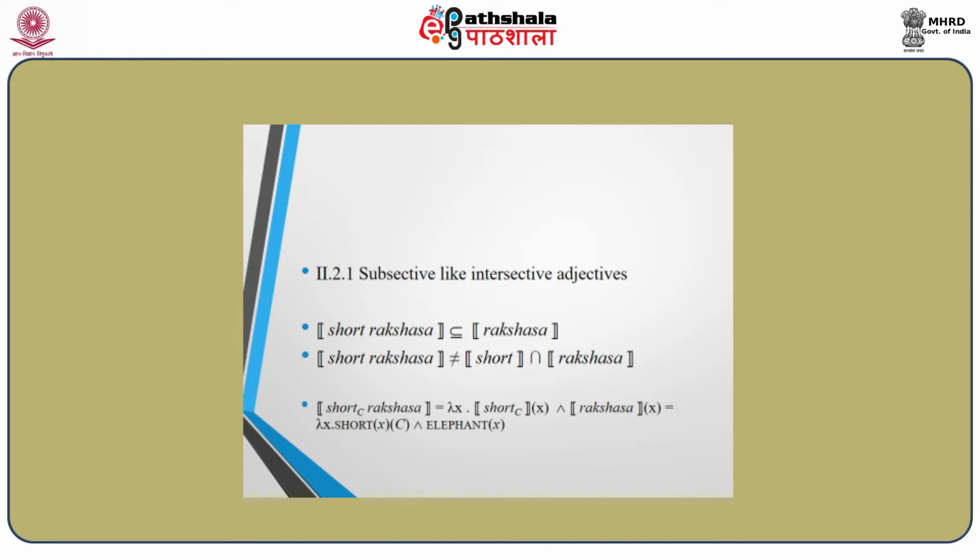So what counts as short depends on the context or comparison class. When short is combined with Rakshasa, the comparison is restricted to only other Rakshasas. In intersective modification, on the other hand, the comparison is with any relevant set, not just Rakshasas, as in the sentence, Shurpanakha is a dead Rakshasa.